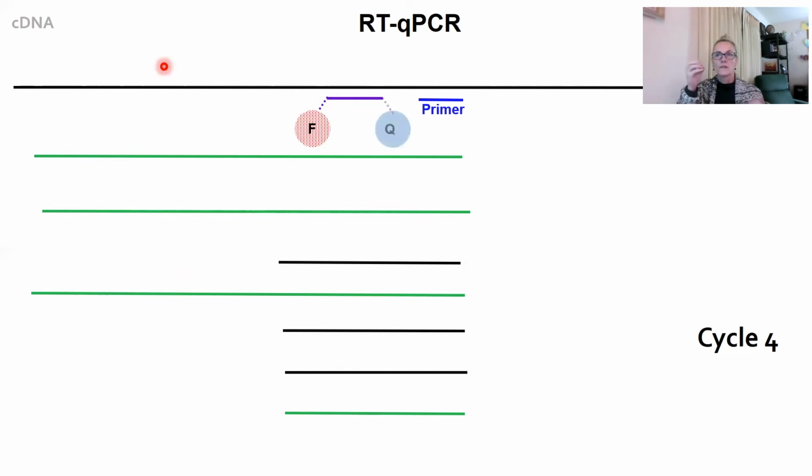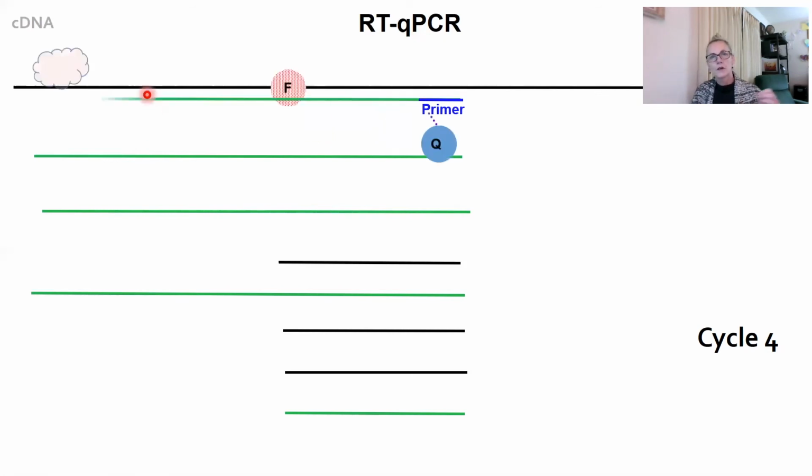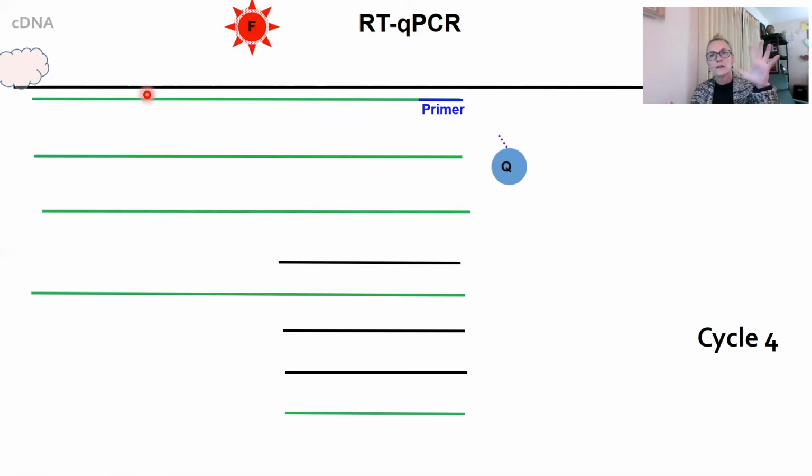When the quencher is in close proximity to the fluorescent molecule, you get no fluorescence. The polymerase, as it reads the cDNA, degrades that probe and separates the quencher from the fluorescent molecule, so you get an emission of light.